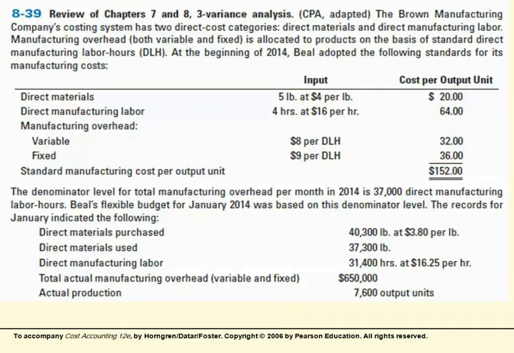Direct materials used: 37,300 pounds. Direct manufacturing labor: 31,400 hours at $16.25 per hour. Total actual manufacturing overhead, variable and fixed, equals $650,000. Actual production: 7,600 output units.